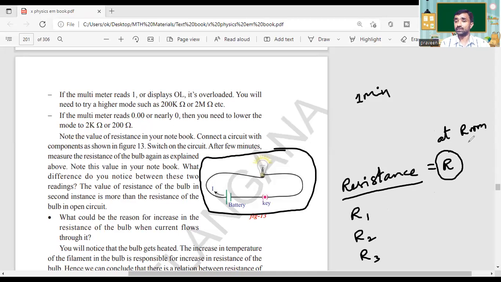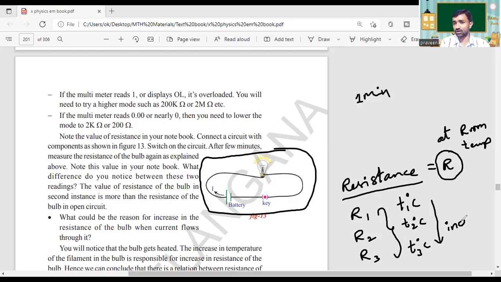At room temperature, the resistance of the bulb is taken as R. After connecting, the temperature of the bulb continuously increases, right? So at T1 degrees Celsius, at T2 degrees Celsius, and at T3 degrees Celsius. Here it is increasing order of the temperature.